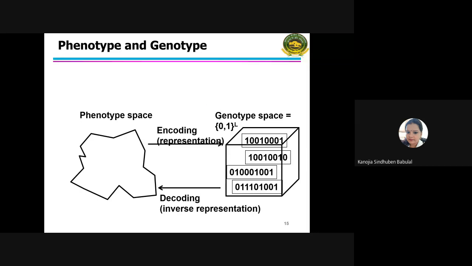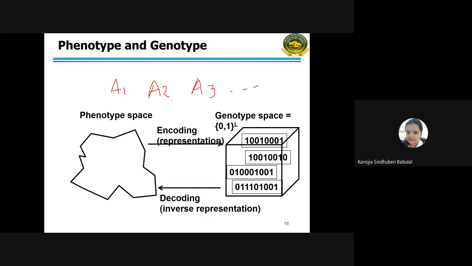Suppose I have a problem and some kind of objective function is given to me. And there are various variables provided in that objective function. Let that variable be a1. The second variable is a2, a3, and so on up to an.